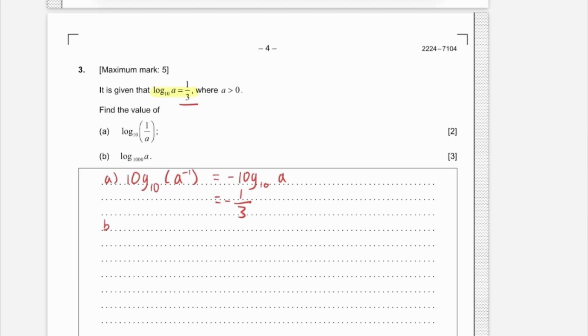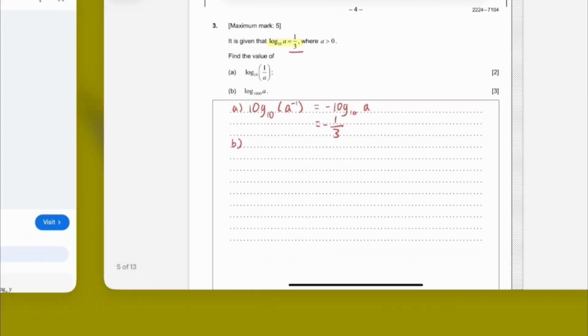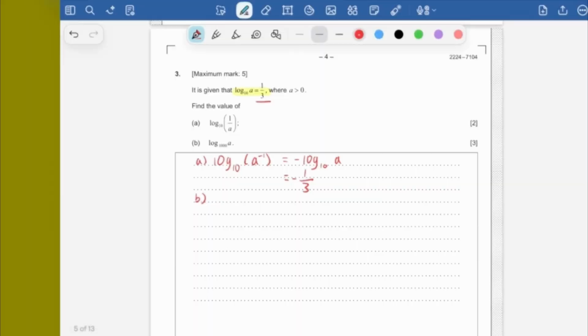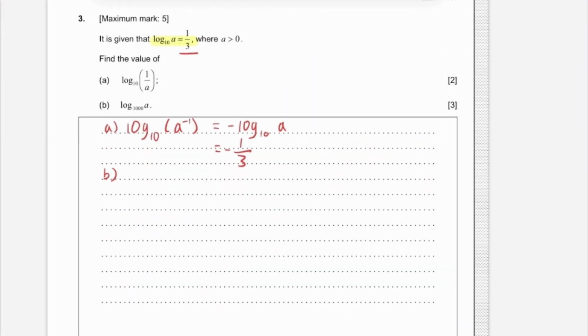Moving on to B. So for B, we will have to use the change of base rule, where log base 1000 of A equals log A over log 1000. And so that would be equal to log A over log 10 to the exponent of 3.